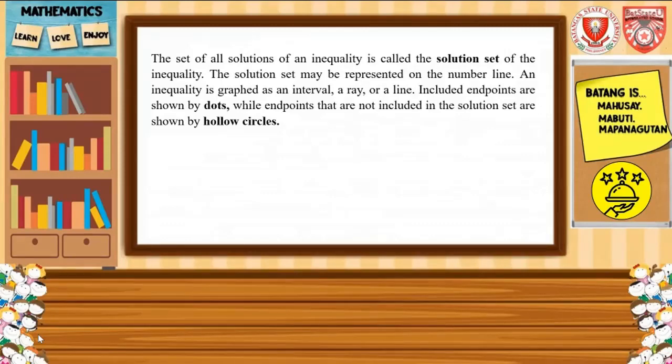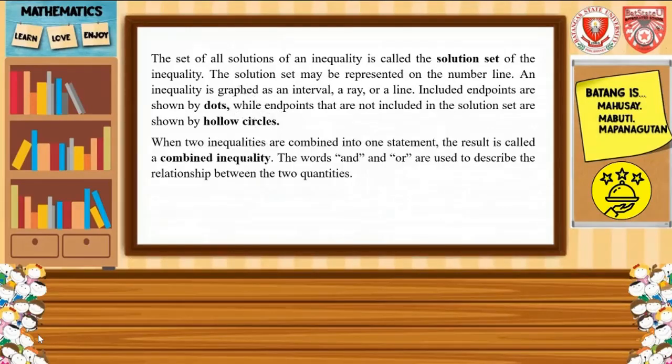So we use the hollow circle if we have greater than or less than. But if we have greater than or equal to or less than or equal to, we use the dot, or the solid circle.